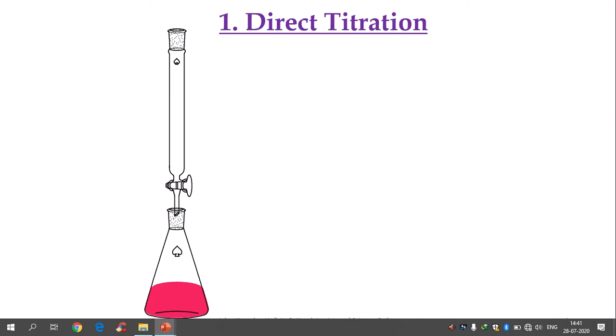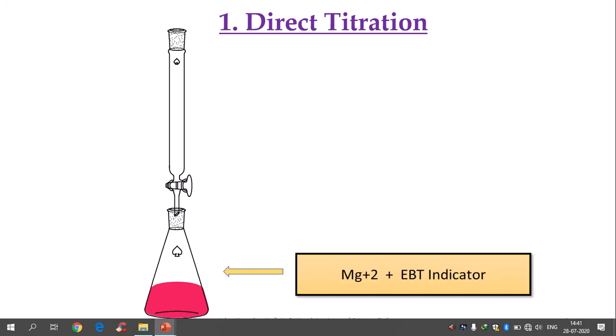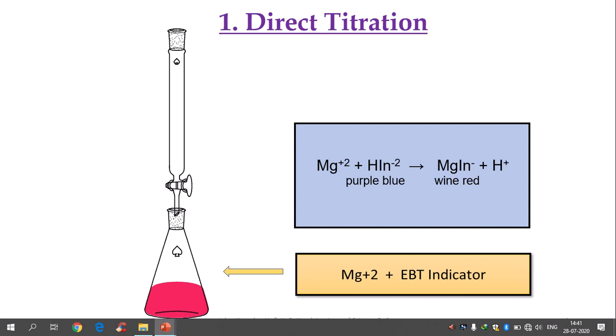Here we have taken a conical flask in which we have taken the metal ion, say a solution of magnesium sulfate. To that we are adding a metal ion indicator, Eriochrome Black T. What happens is magnesium reacts with the indicator.